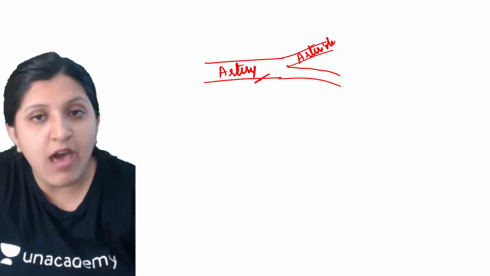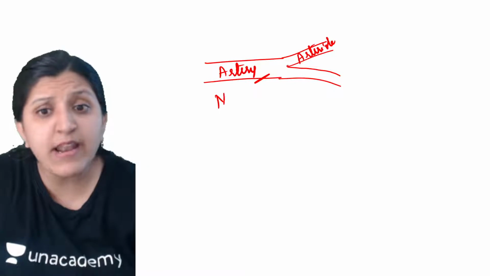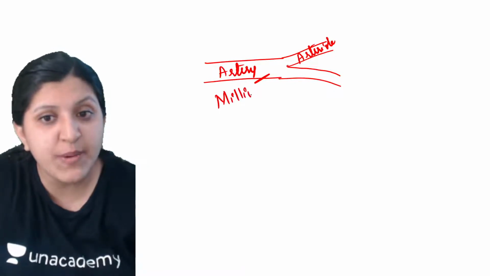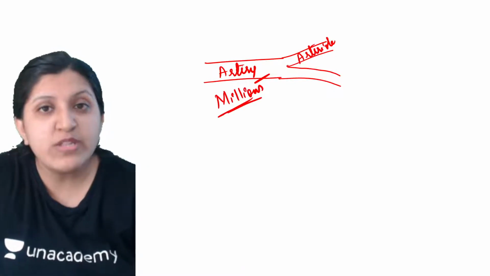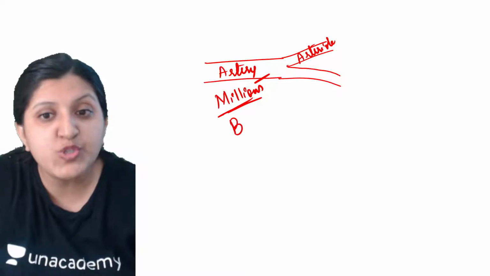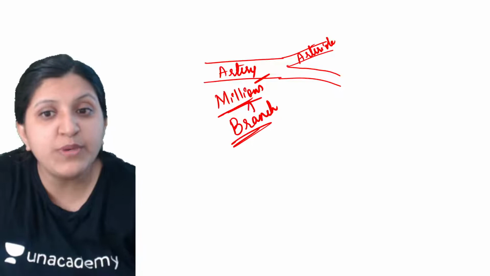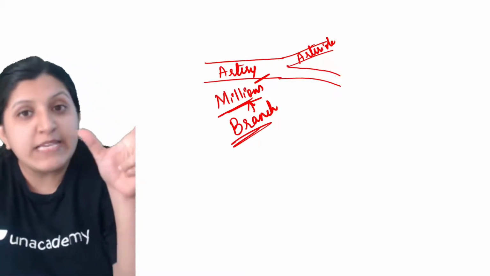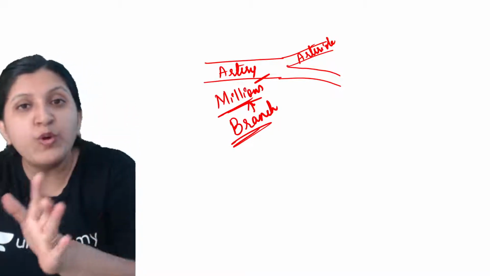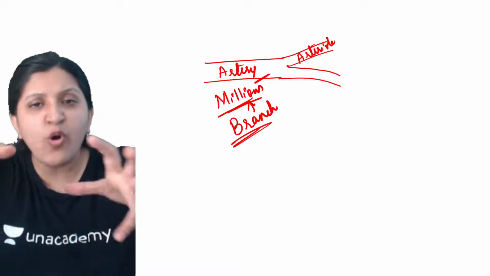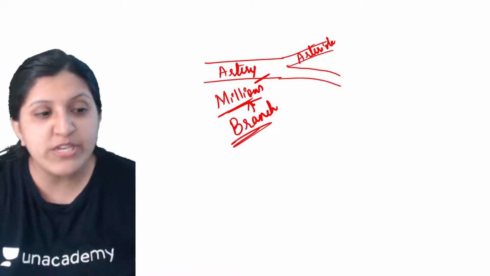Since there are millions of nephrons present in a kidney, this same artery has to branch a million times so that it provides an arteriole to all the different nephrons which are present.